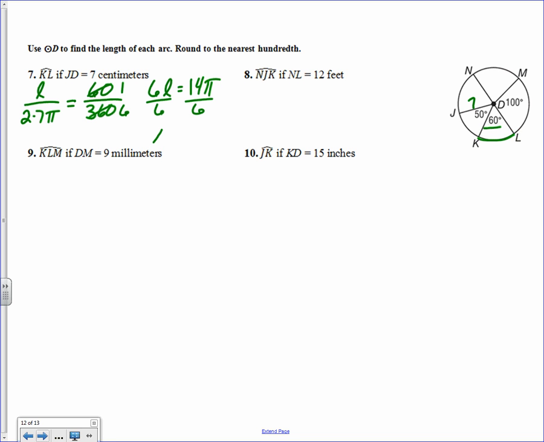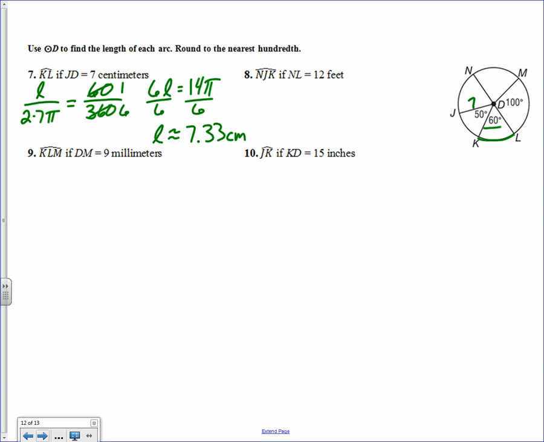Divide both sides by 6. And our arc length is 14 pi divided by 6, about 7.33 centimeters. All right.